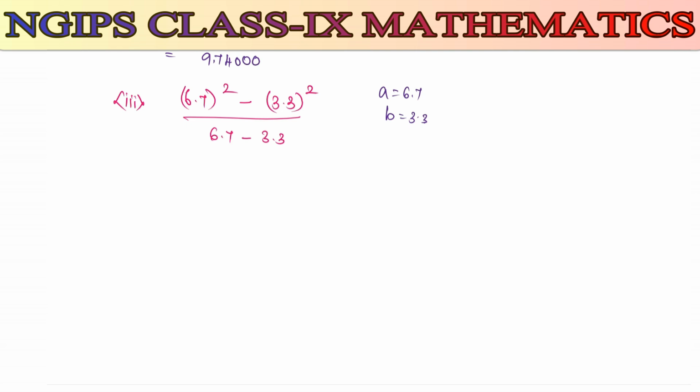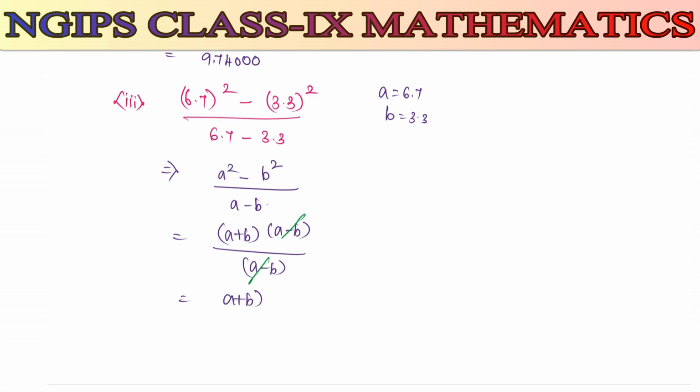When you substitute here, a square minus b square divided by a minus b. We know very well the identity of a square minus b square, it is a plus b into a minus b, divided by a minus b. Now here a minus b and a minus b are going to get cancelled. So the leftover is only a plus b.